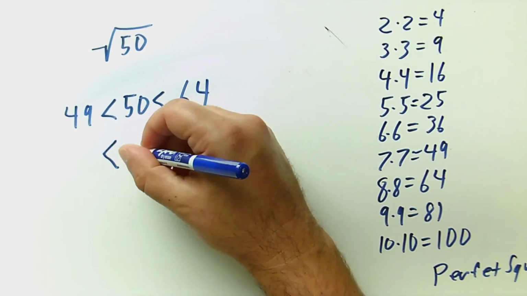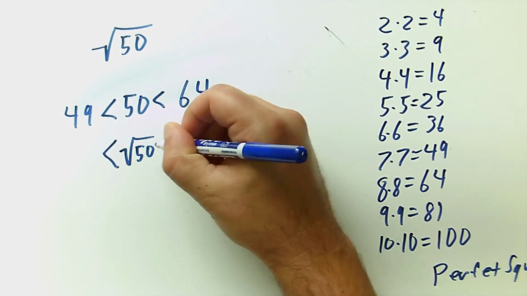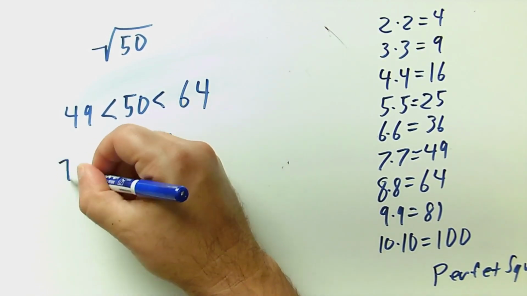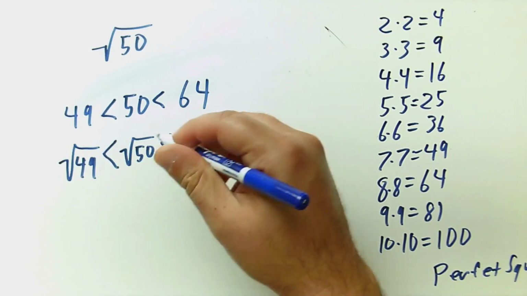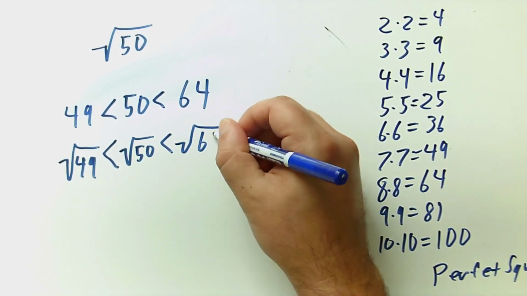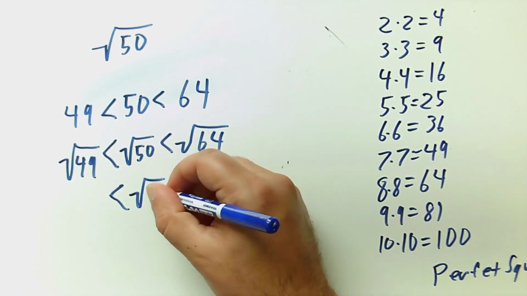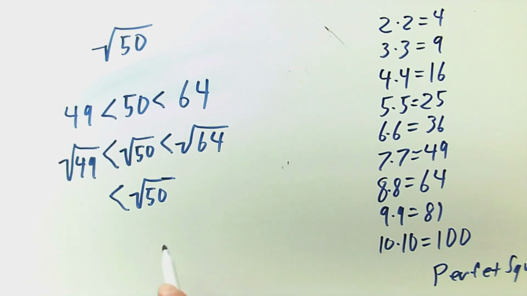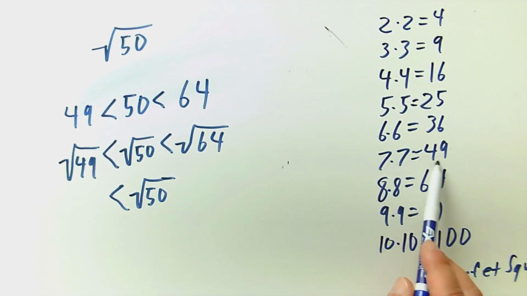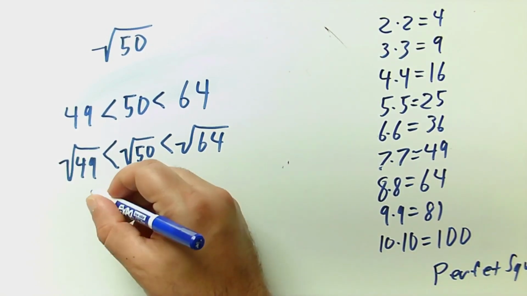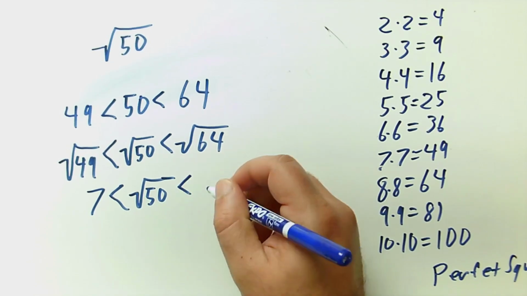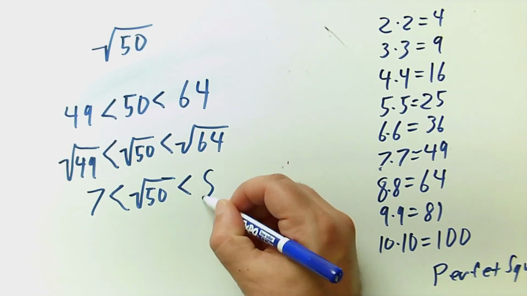And now we'll write square root of 50, which is between the square root of 49 and the square root of 64. And then we'll evaluate what's the square root of 49. If we look at this list, it's 7 times 7, so it's 7. And the square root of 64 is 8.